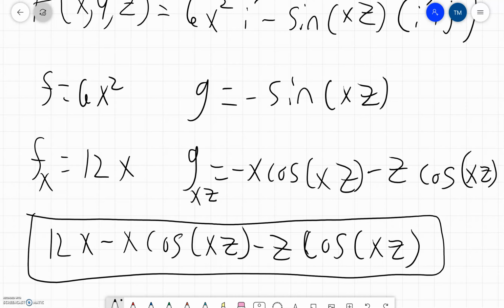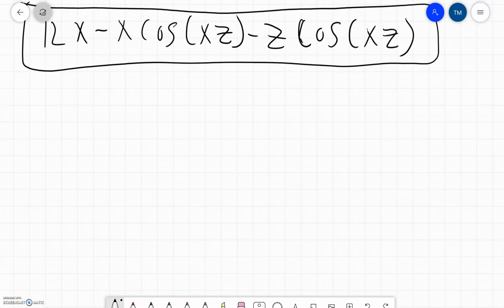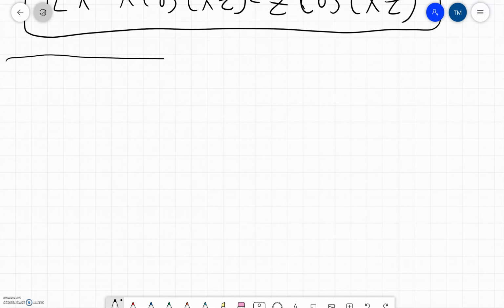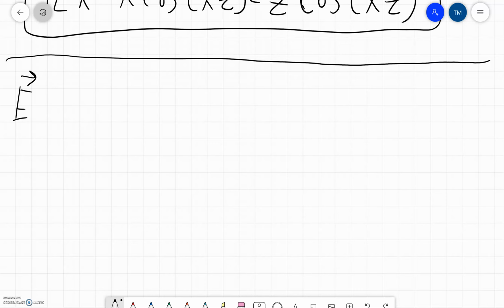So this would be our divergence. Now I have one more example where we look at an electric field. So here, let's say we have a vector E, which is an electric field, where we have position vector r over the length of that vector times p, where p is some constant, okay?